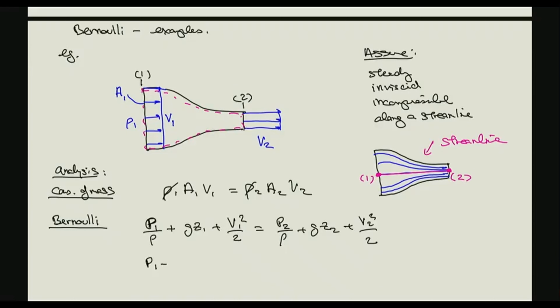P1 minus P2 is equal to, for this case, if the nozzle is oriented horizontally, the streamline is horizontal, so there's no change in elevation. Those two terms went away. Then, multiplying rho over to the other side, rho times V2 squared minus V1 squared over 2.